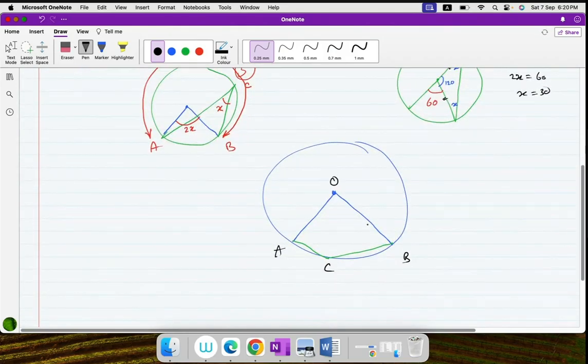So in this case, when actually this angle is marked, suppose I say that this is 80. Student would confuse and say this is 40, which is wrong. So they should know that if that's 80, this is 360 minus 80, which is 280. And this is half of that angle, which makes it 140.